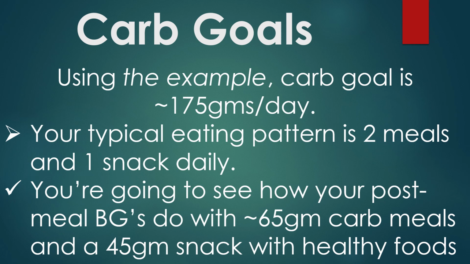And then you can use your blood sugar changes after your meal, working with healthy food choices and the tips of how you can make your post-meal blood sugars be lower, and how's your body doing in tolerating that carbohydrate.